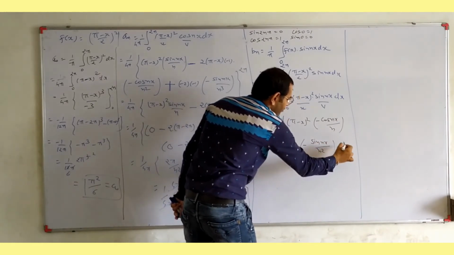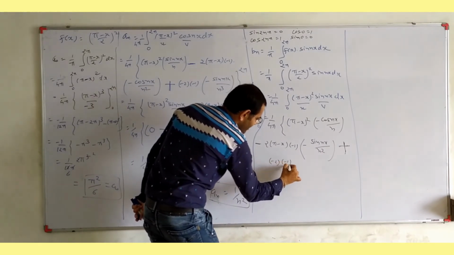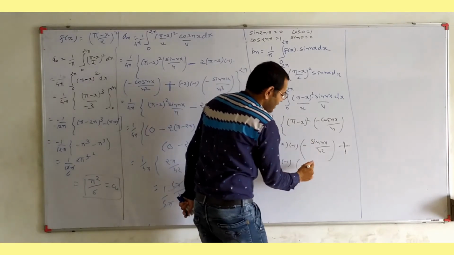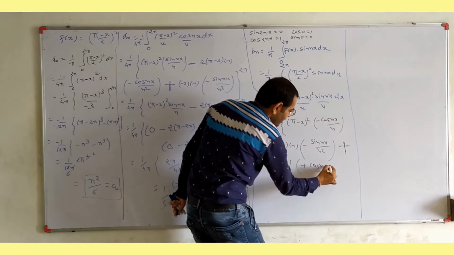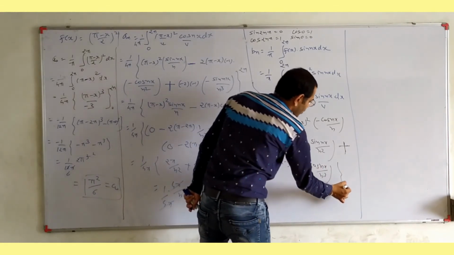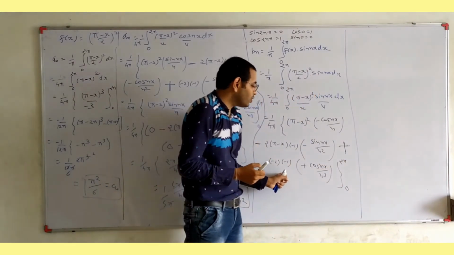Plus, that is the sign of the formula, derivative of this term, then minus 2 into minus 1, carry forward, integral of this sine, then minus cos, minus minus plus cos nx upon n cube. Then derivative of 2 is 0, constant, then 0 into anything is 0.